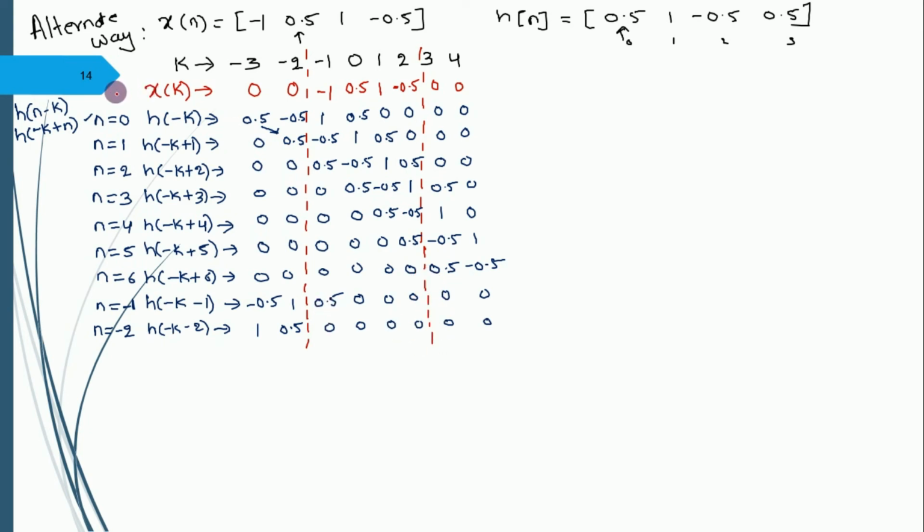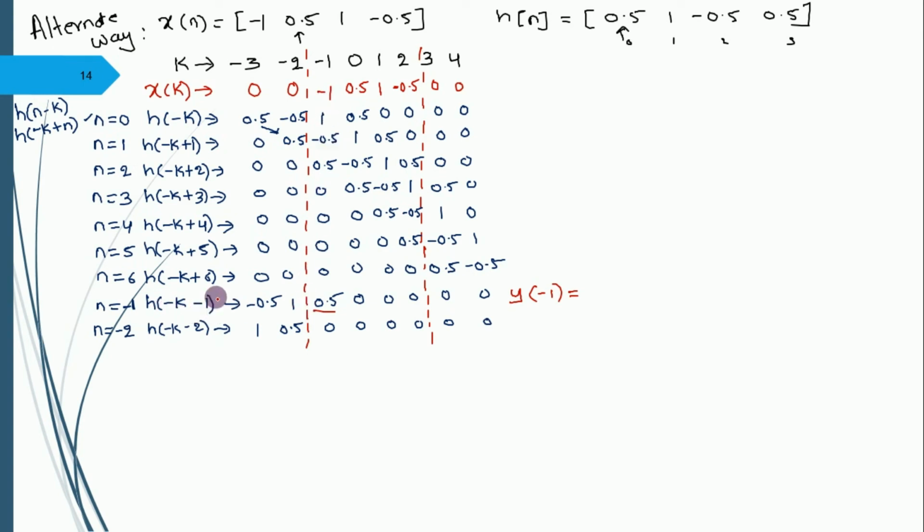So now we start from n equal to minus 1, because here I am having a non-zero value. I need to consider this. I call it y of whatever value of n I am having, that I'll write it here, y of minus 1. Y of minus 1 means take this, move across the column, multiply it with x of k into h of minus k minus 1.